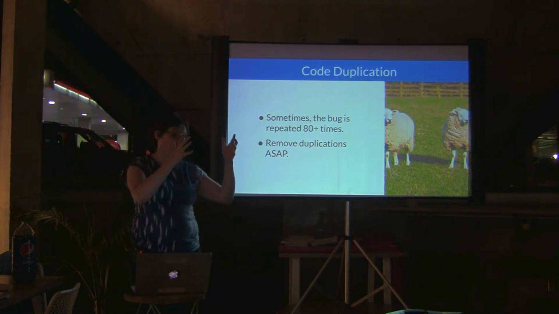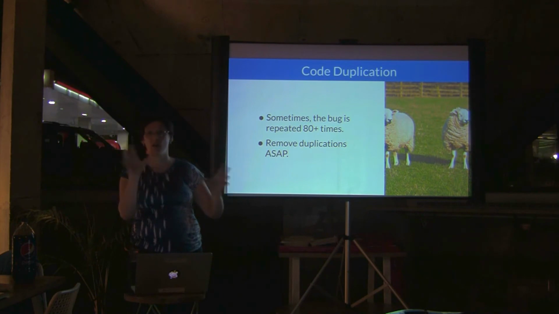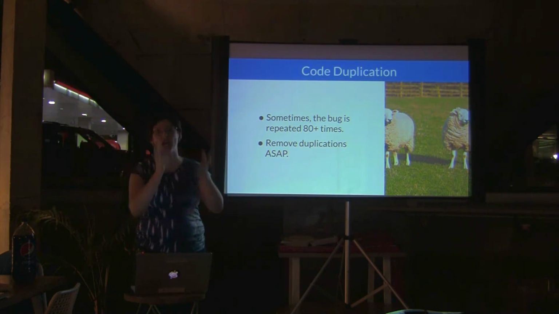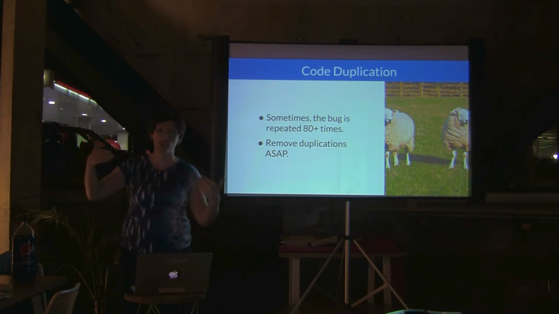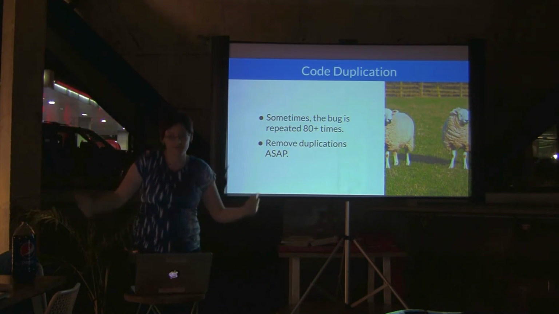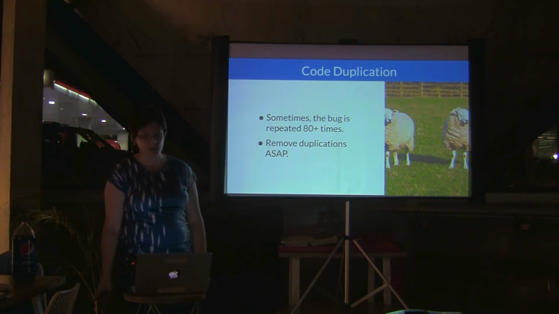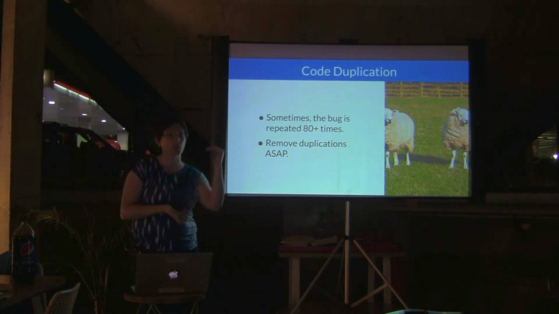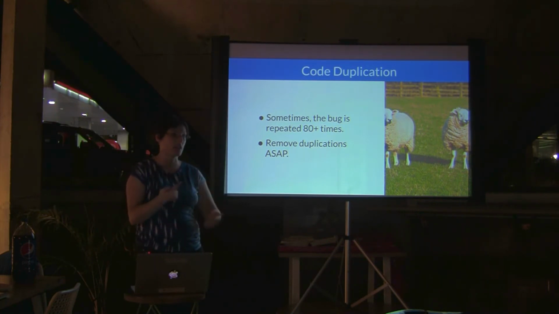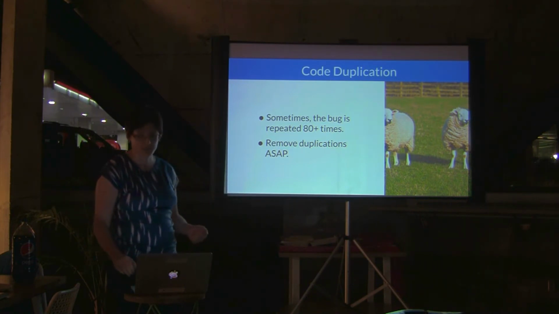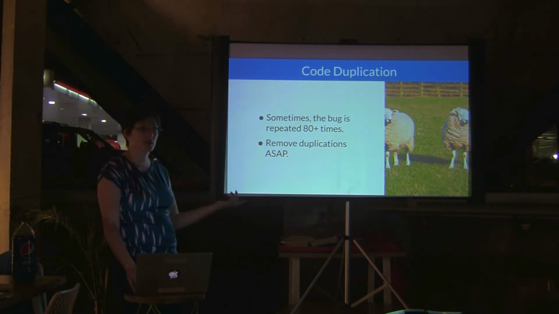They had basically 80 views of similar objects, but instead of doing something generic and then changing just what needs to be changed, no, they copied everything and just replaced the values. So when you find something like that, remove them as soon as possible. Refactor it to have a centralized view, which is what I created, and I used variables for all the things that were different and fixed the bug just once.